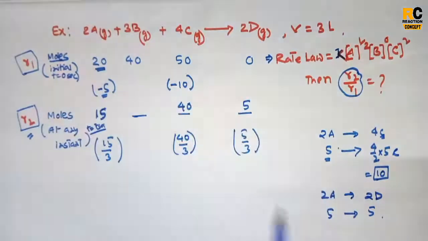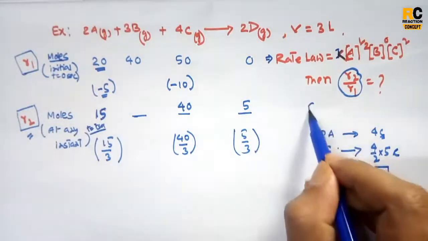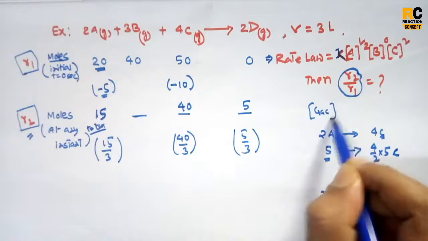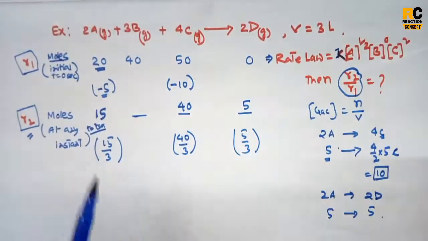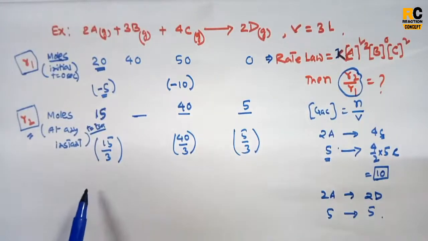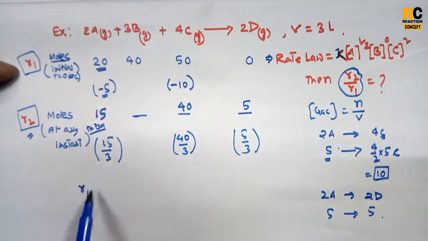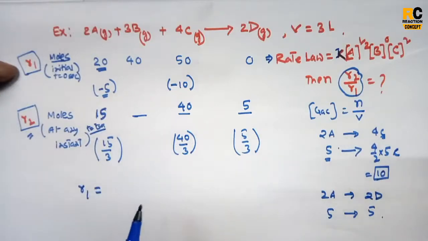Since all are in gaseous state, the concentration of a gas is given by number of moles divided by volume. Okay, so let us write the expression for R1. It would be, let us first write R2.